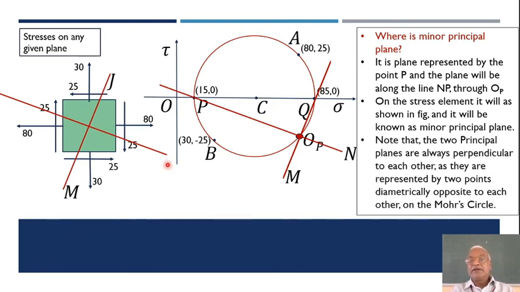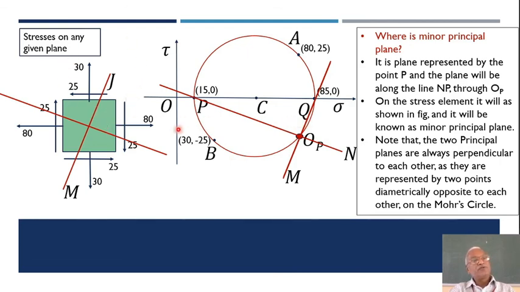It is stated here: note that the two principal planes are always perpendicular to each other, as they are represented by two points diametrically opposite to each other on the Mohr circle. Geometry also tells us that if you join such two diametrically opposite points to any point on the circumference, the angle between those two lines is 90 degrees.